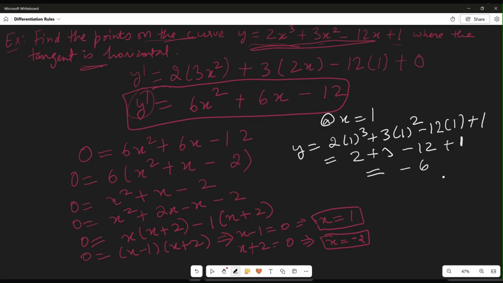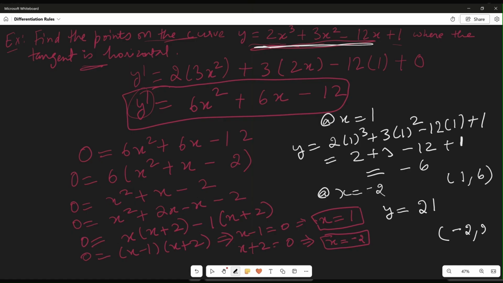So we have this point now, 1 comma negative 6. At x equals negative 2, doing the same thing, plugging into this function, y is going to be 21, and we have the point negative 2 comma 21.